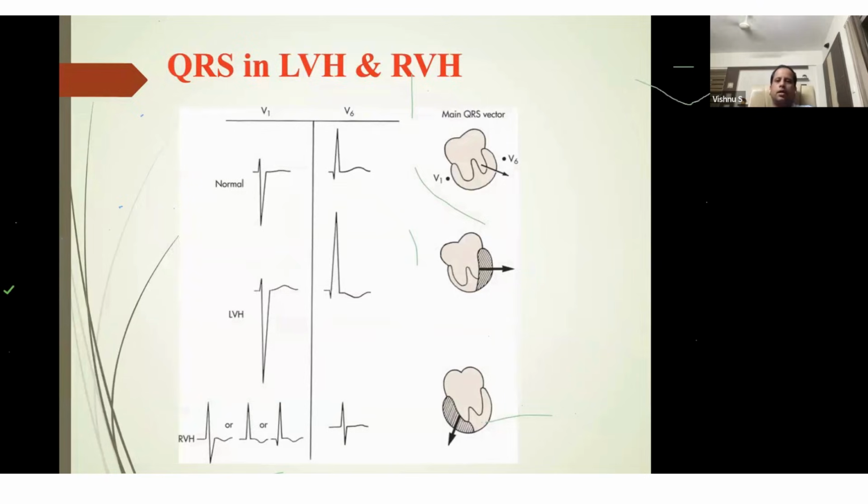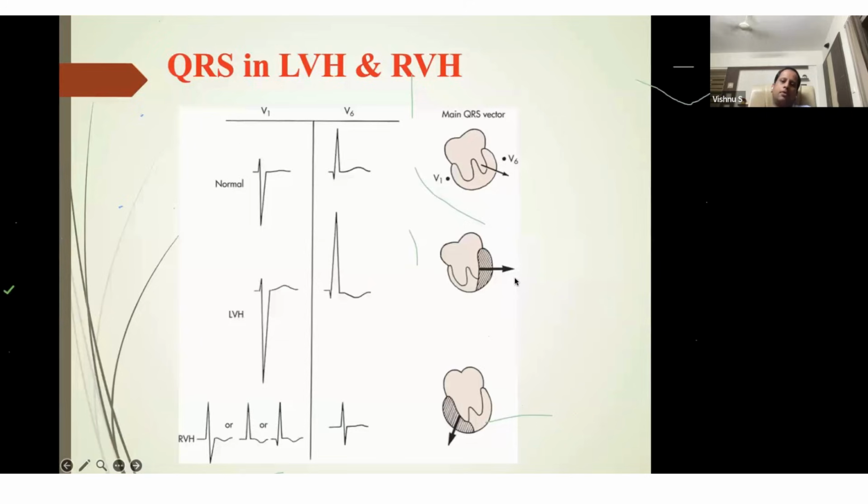I think I already discussed why small Q waves appear prominent in LVH and RVH, because of the net vector direction. In left ventricular hypertrophy, V6 lies here and the net vector is towards V6.